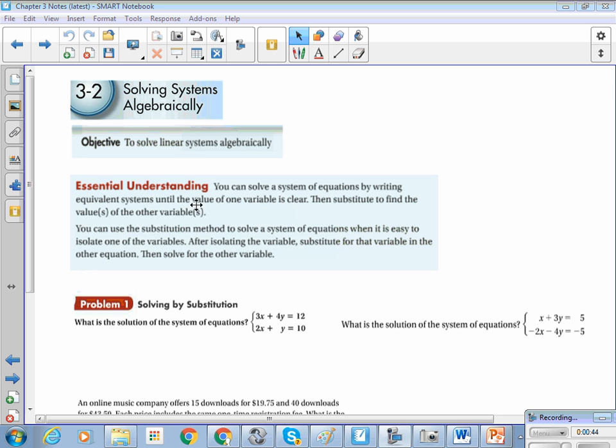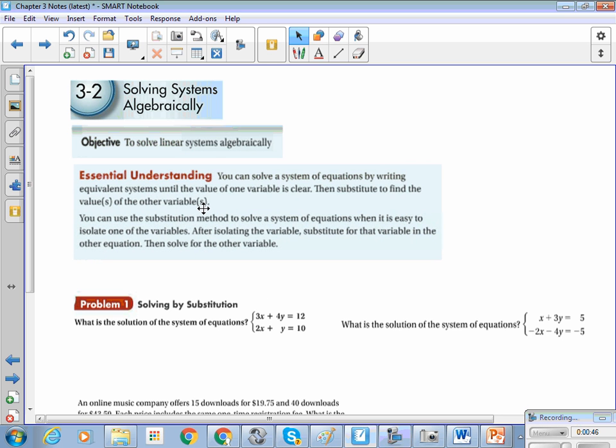Essential understanding, which you do not have to write down. You can solve a system of equations by writing equivalent systems until the value of one variable is clear. Then substitute to find the value of the other variable. We can use the substitution method to solve a system of equations when it's easy to isolate one variable.